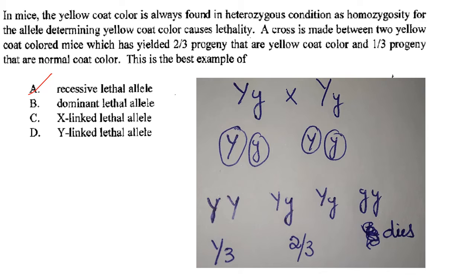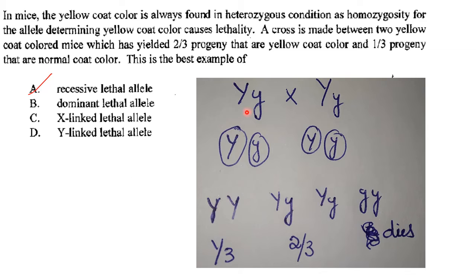Then next one. In mice, the yellow coat color is always found in heterozygous condition as homozygosity for the allele determining yellow coat color causes lethality. A cross is made between two yellow coat colored mice which has yielded 2/3 progeny that are yellow coat color and 1/3 progeny that are normal coat color. This is the best example of.